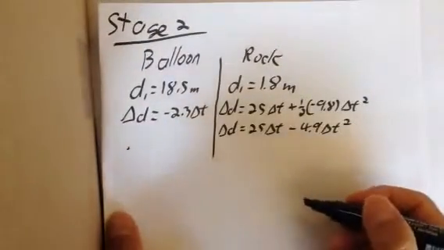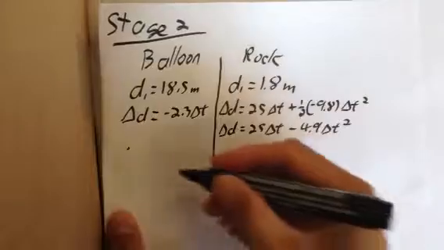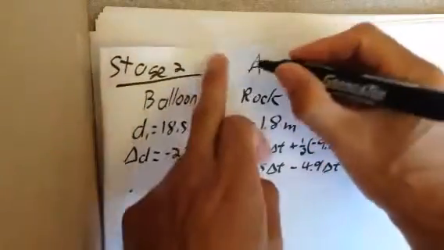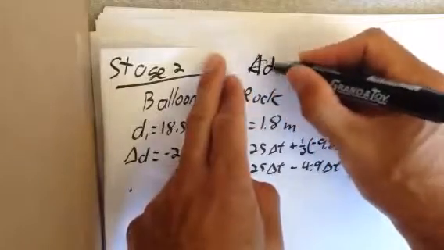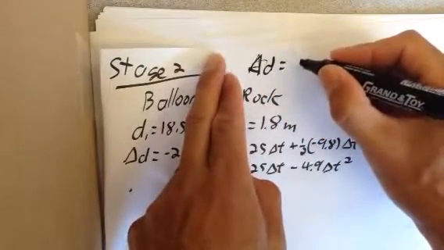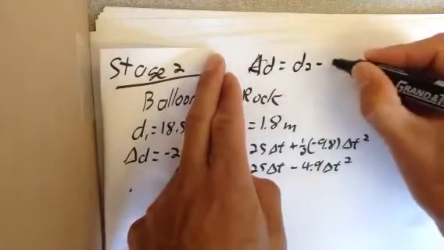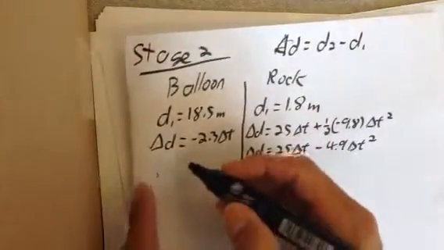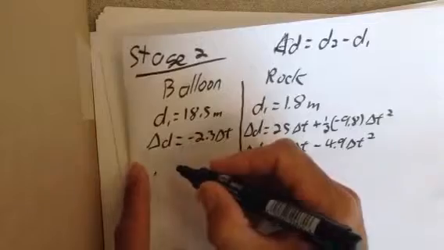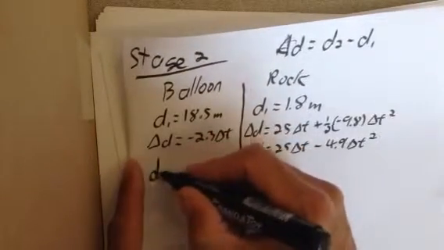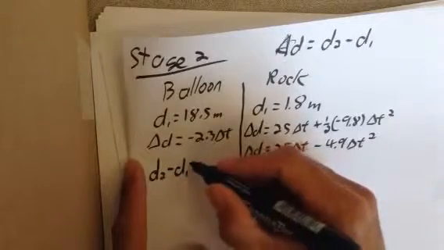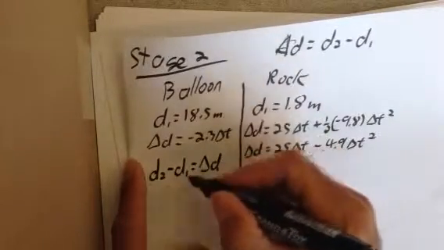Now the key to setting up these problems is to understand that your displacement, your delta d, is equal to the final position minus the initial position. So that means the final position of the balloon, d2, minus its initial position is delta d.